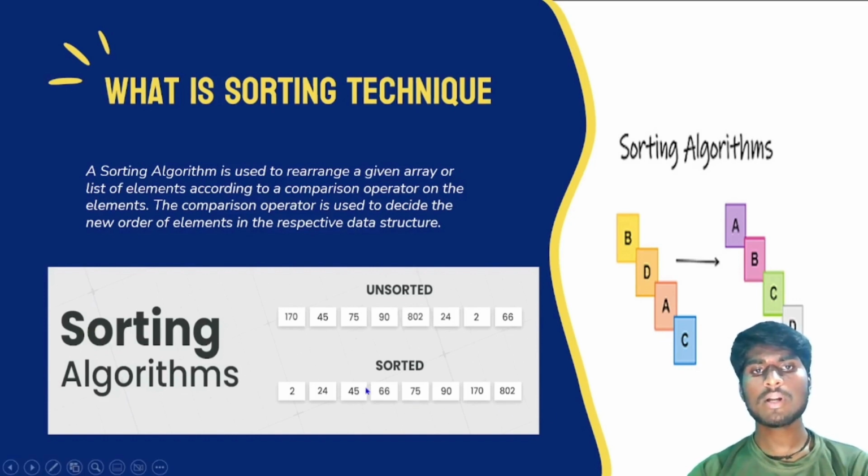In this example also you can see that we have taken random inputs to the sorting technique. Here we are arranging the elements in ascending order. Ascending order is nothing but the smallest one first and the highest one as the last element of the sorting.